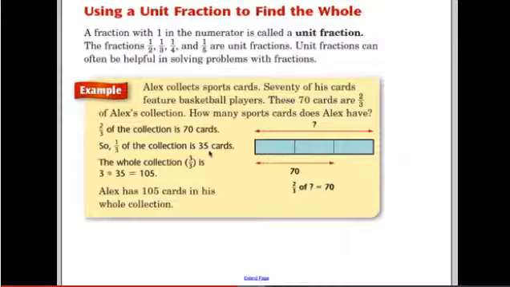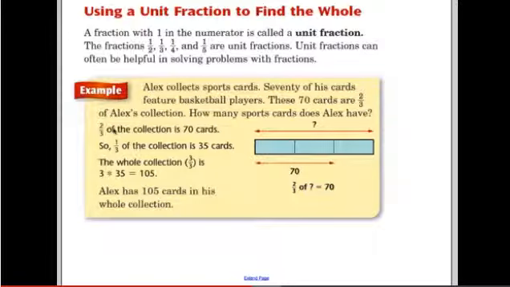Well, if 1/3 of the collection is 35 cards, all I need to do is multiply that by 3 to figure out the whole collection. Because remember, 3 of those 1/3 groups would be the whole thing. So 3 times 35 equals 105. So therefore we know that Alex has 105 cards in his whole collection.